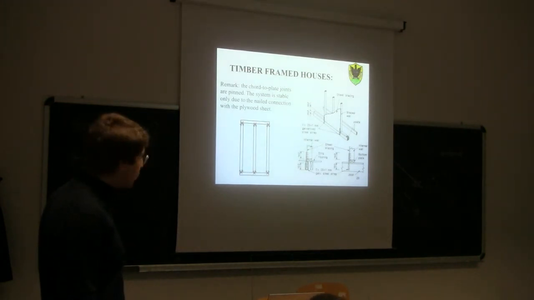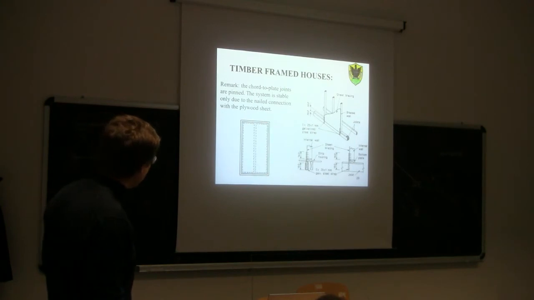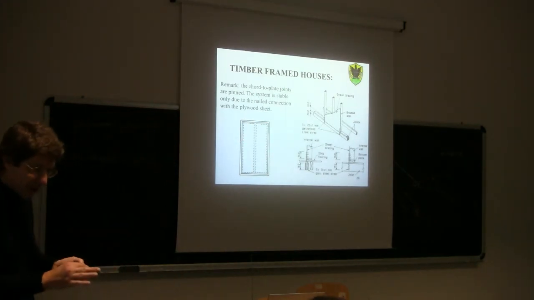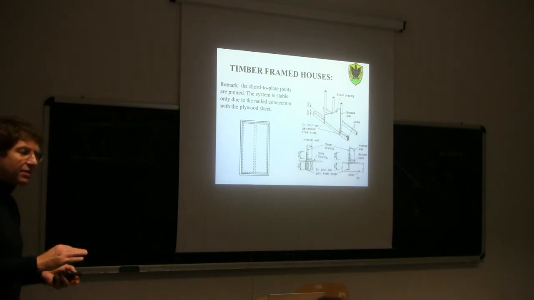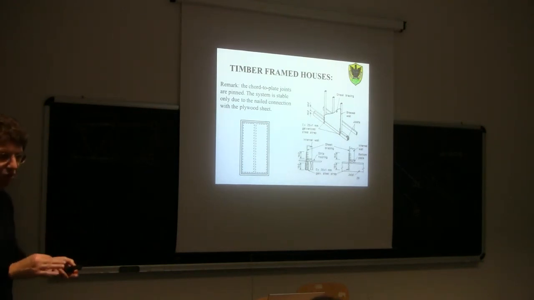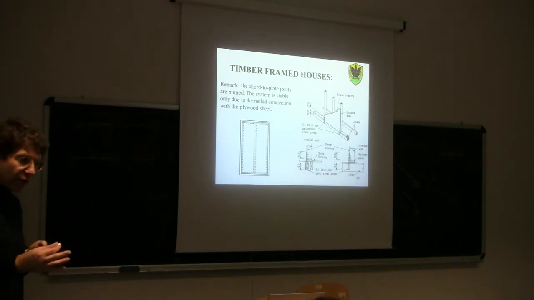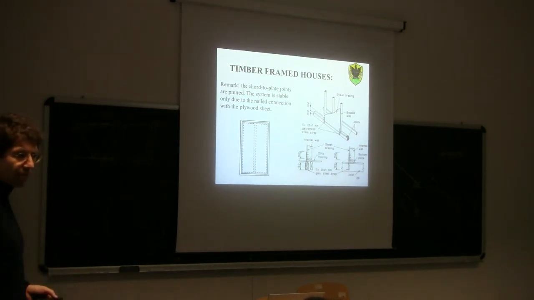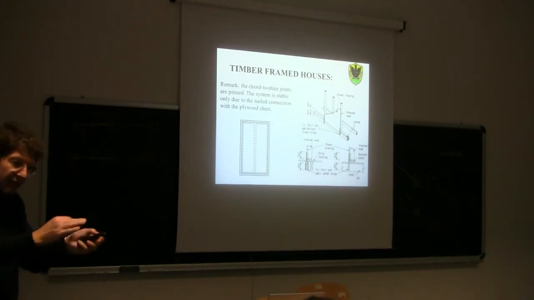To make it rigid. No, to make it rigid. What I'm saying is, I said that this nail connection between the sheathing and the frame is semi-rigid, it's flexible. So what is a possible way of creating a rigid connection between the sheathing and the frame? Well, we don't have any relative slip between the two.